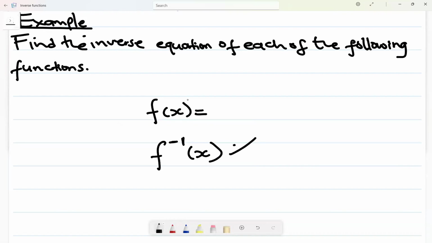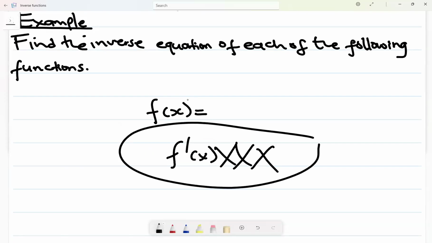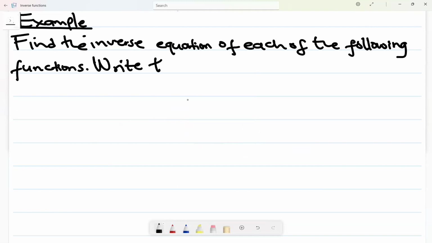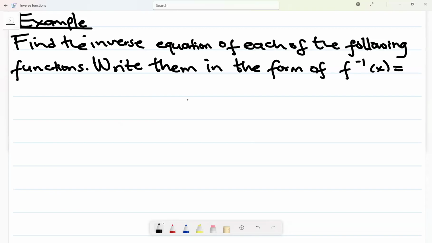This is what we refer to as an inverse, not the derivative that you deal with in calculus. So for each function, write them in the form y is equal to something.